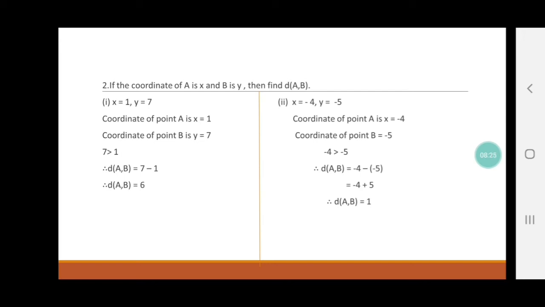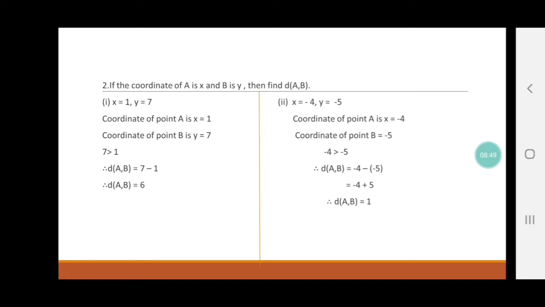Same way we have to solve the second problem. x is equal to minus 4 and y is equal to minus 5. Coordinate of point A is x, that is equal to minus 4, and coordinate of point B is y, that is equal to minus 5. So when we look at the numbers, which number is bigger?